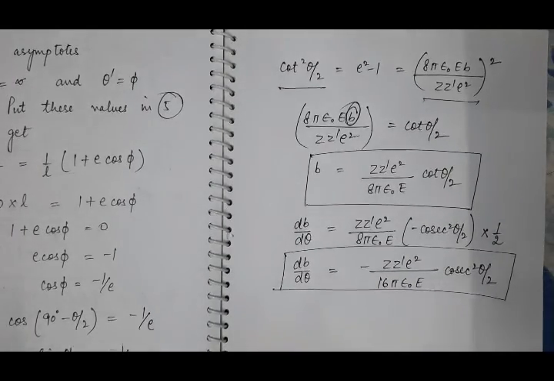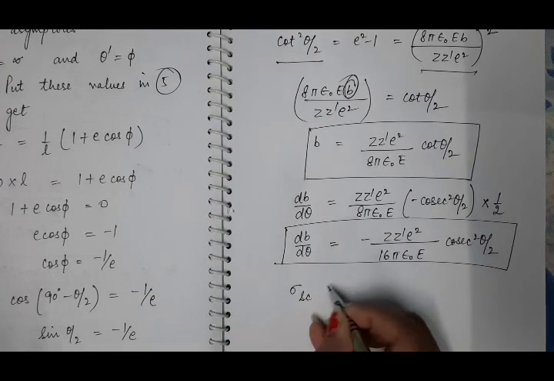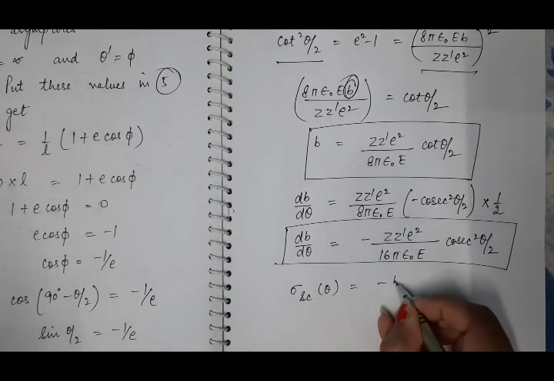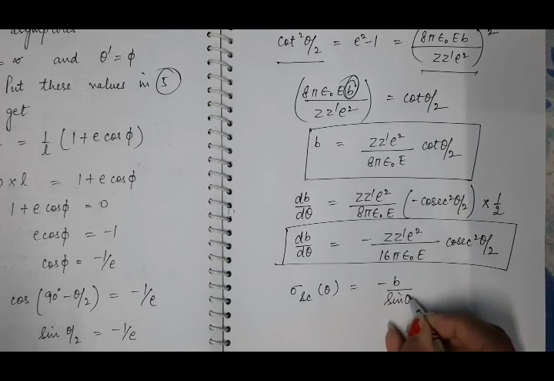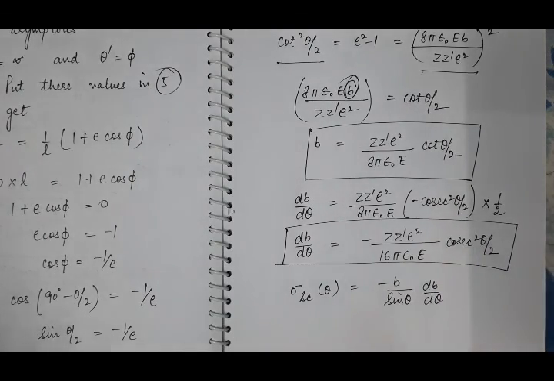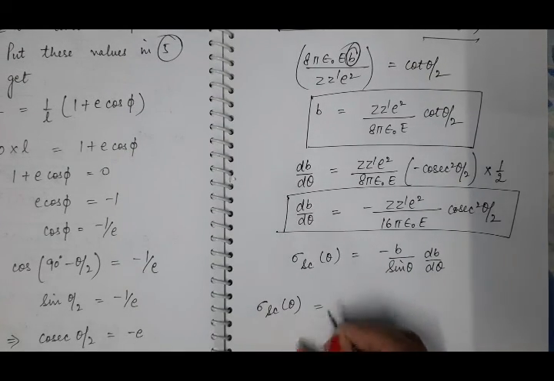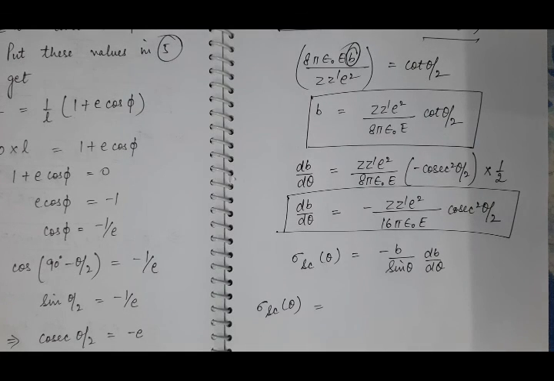So what will be the differential scattering cross section? It will be sigma of theta, and it is equal to minus b by sine theta into db by d theta. So put both of these values here, and you will get the expression for the differential scattering cross section.